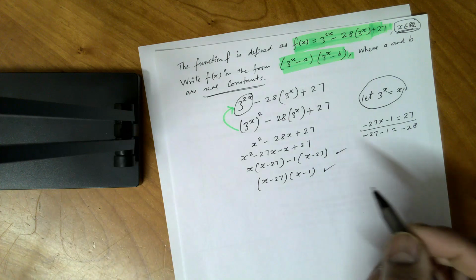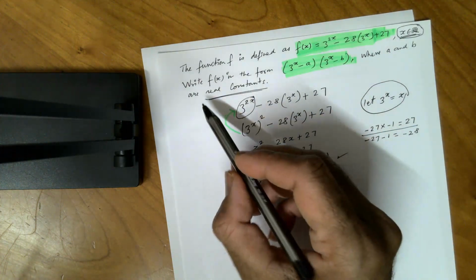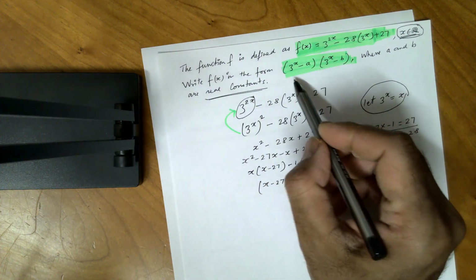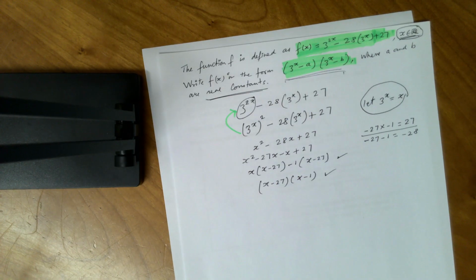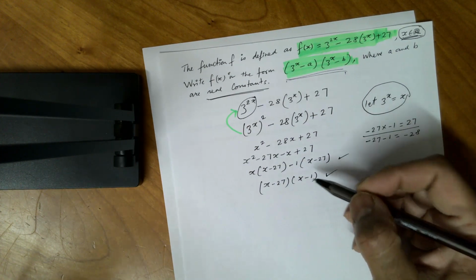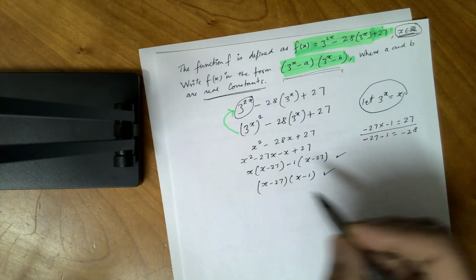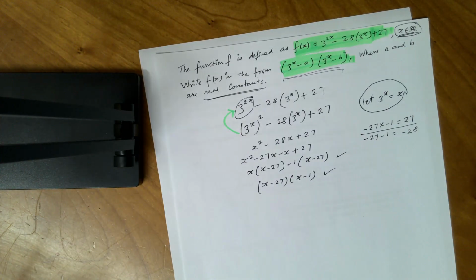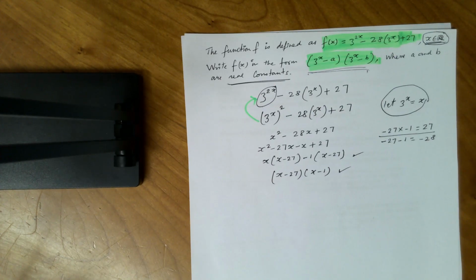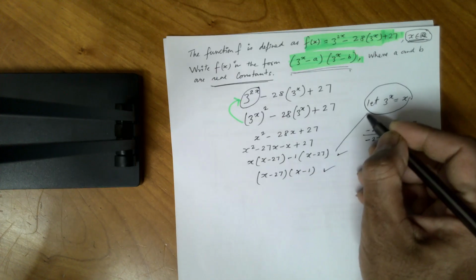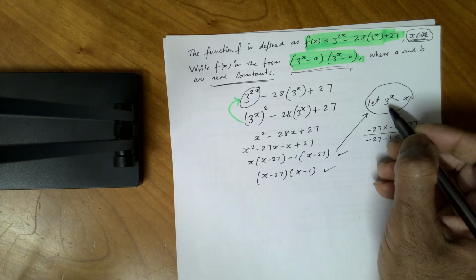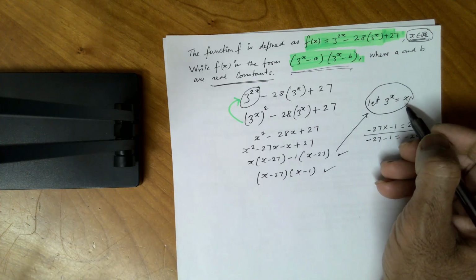Now, because the examiner has asked to write f(x) in the given form, we need to write it in that form. If you leave it here, that's not really a completed answer, because up here you said let 3^x equal x.